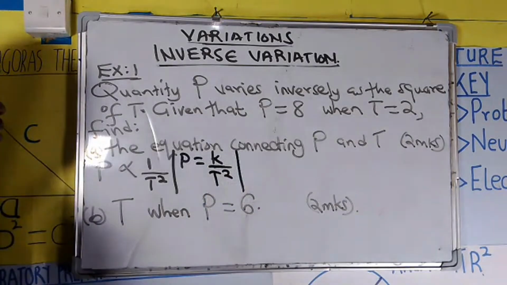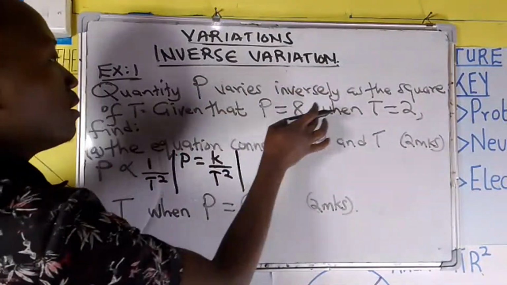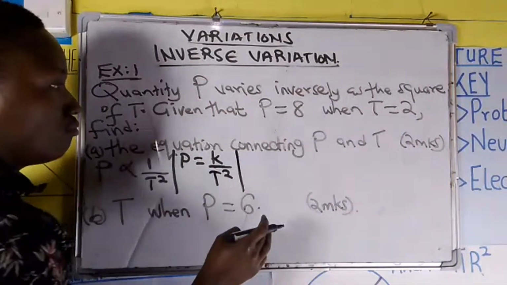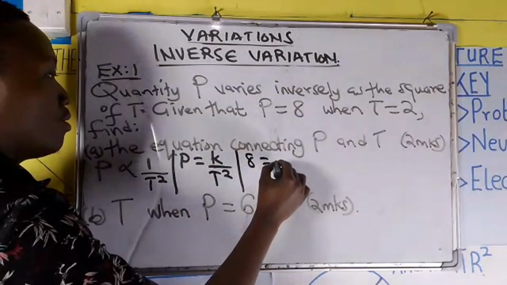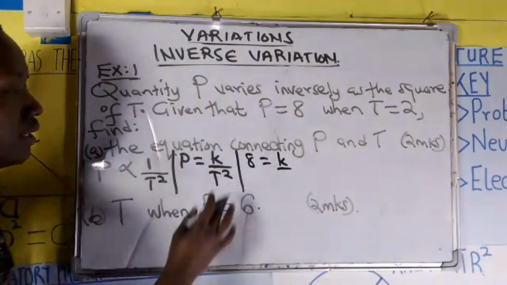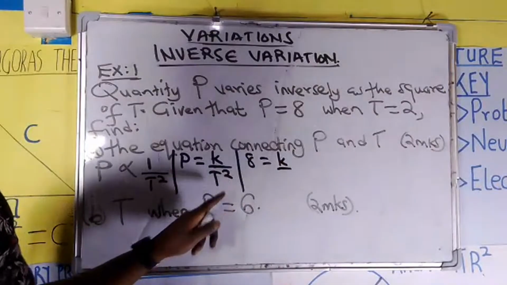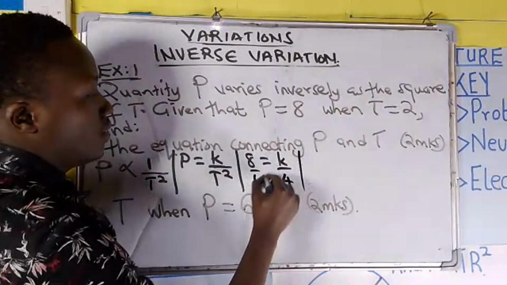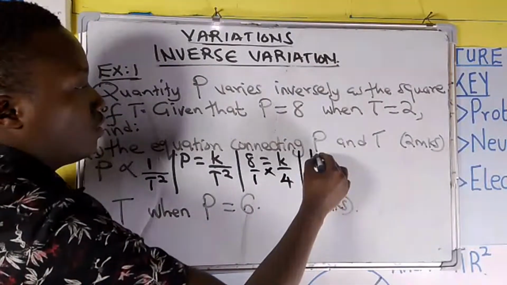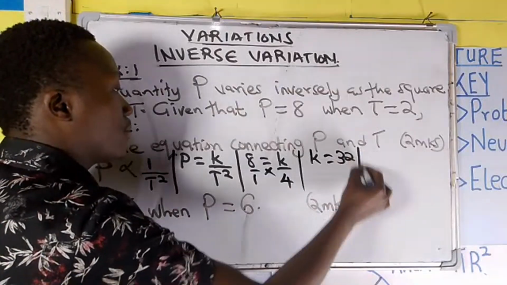Na tukasema ukisema hivyo una introduce hizo values. Given that P is 8 when T is 2. So P ni 8 is equals to K over 2 squared, which is 4. So our K, if we cross multiply, will be K is equals to 8 times 4 is 32.